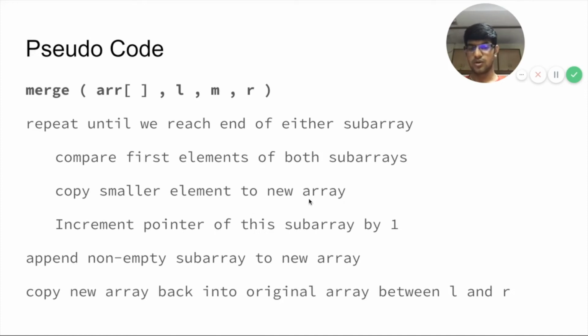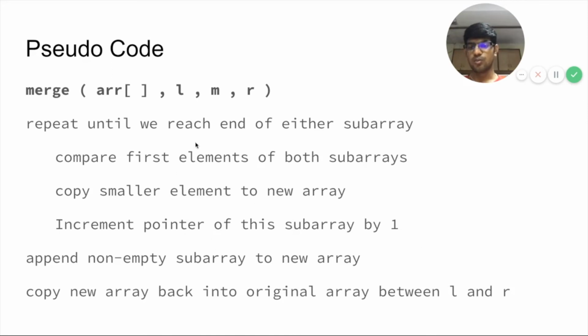Note that we need to initialize a new array that has size equal to the difference between L and R for the merge step. We will be using this information later on to calculate the space complexity of the merge sort procedure. So we need to copy the smaller element into the new array and increment the pointer of the subarray from which we took that element by 1.